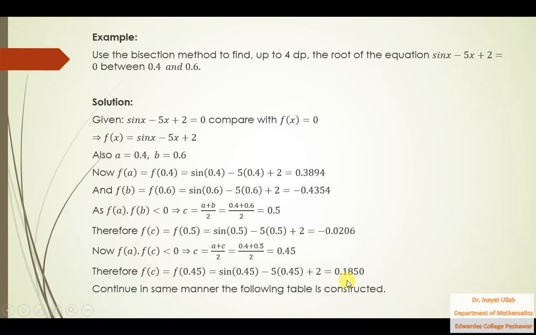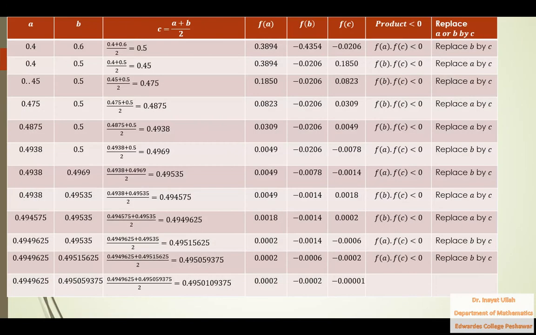Now continue in the same manner. The following table is constructed. In the same manner, we have constructed this table, and the first column is reserved for the values of a. The second column is reserved for the value of b, and the third is for c.